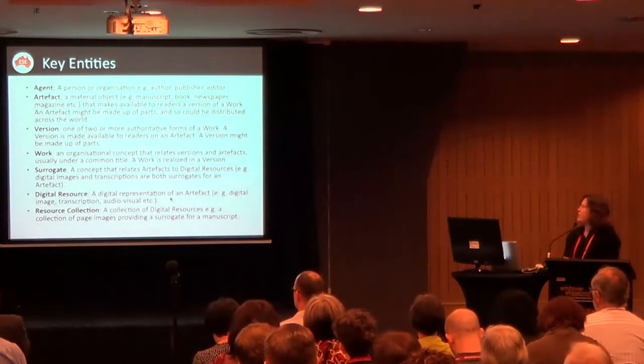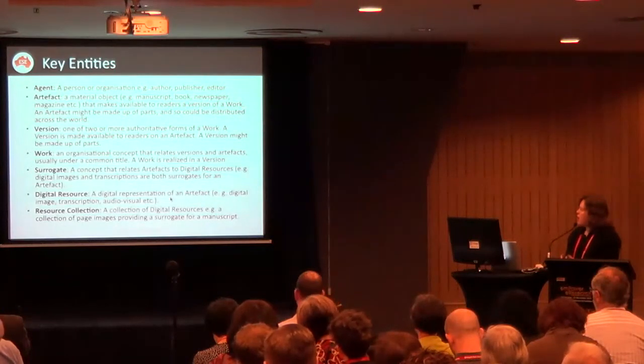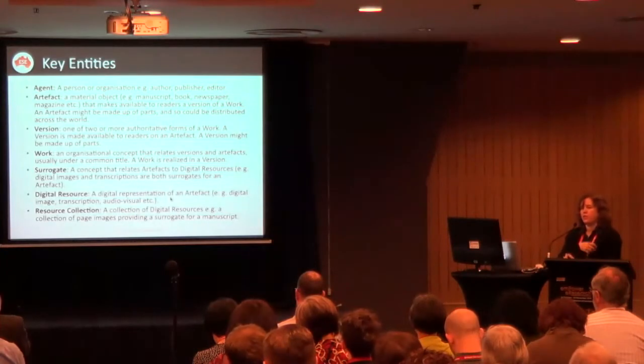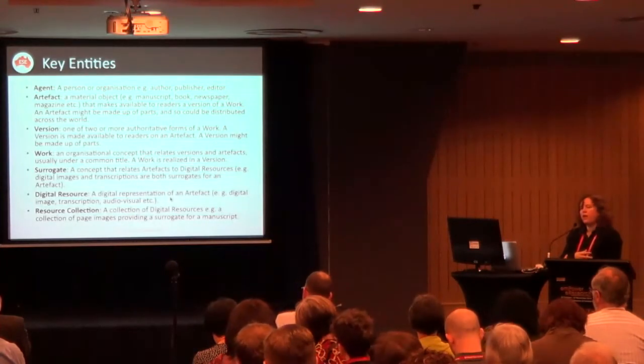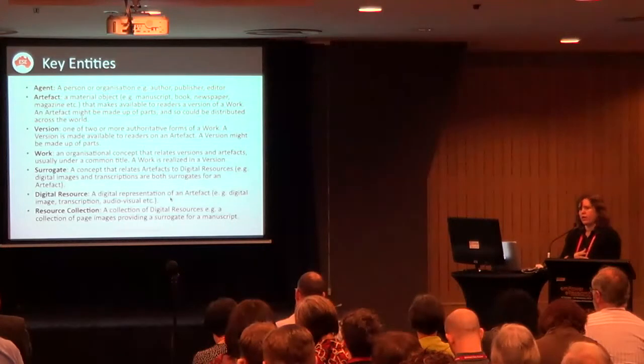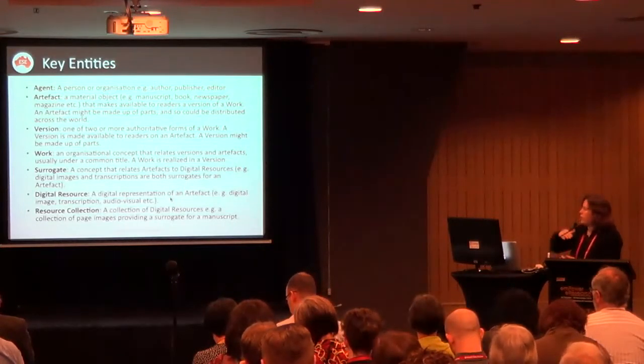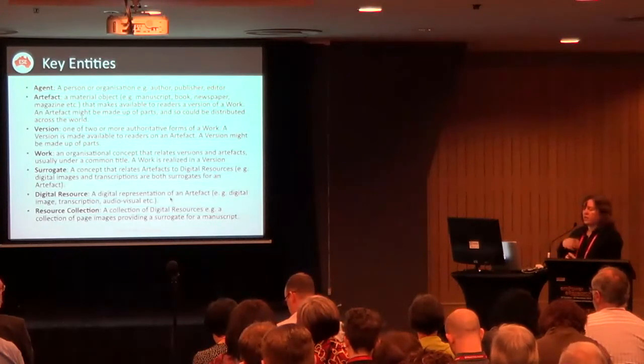So we've got agents, who are the people and the organizations involved in the production of these works; artifacts, which are the original physical manuscripts and books, correlating to the FRBR item but also allowing manuscripts; versions and works, which are the way that we organize the conceptual idea of the work above that.